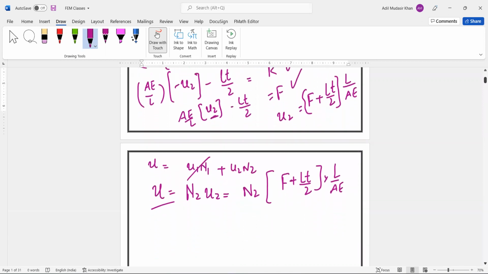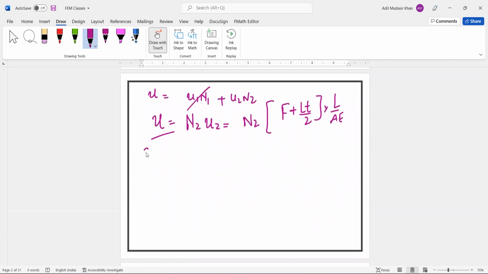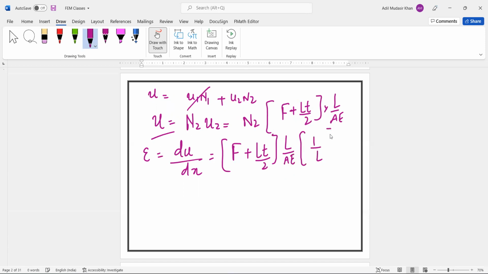We can also calculate the value of the strain. Epsilon is equal to du by dx, that is equal to F plus LT by 2 into L by AE, and the derivative of N2 is equal to 1 by L. So that will be equal to F plus LT by 2 into 1 by AE.